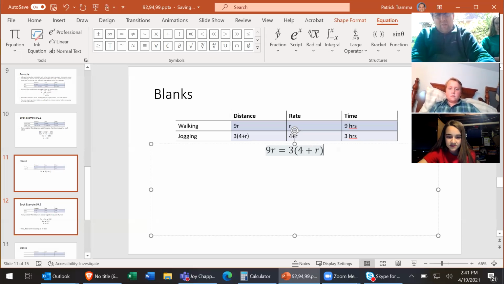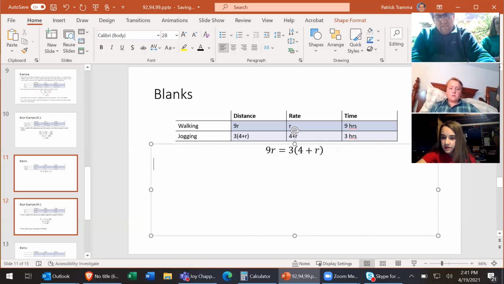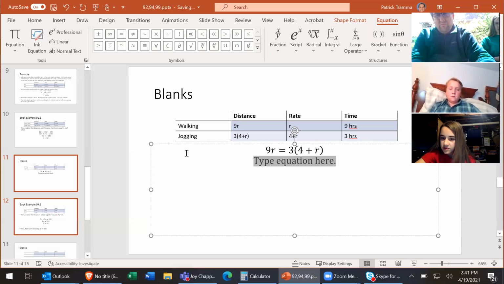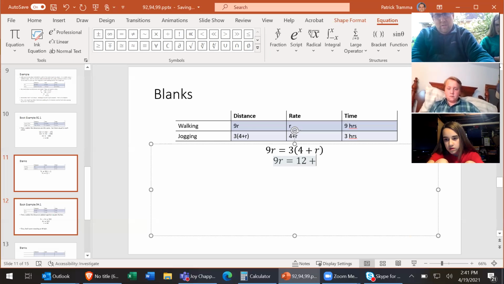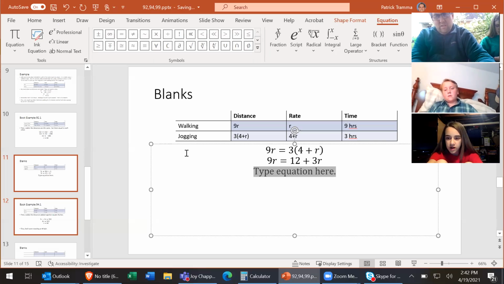Okay, so now how do you solve that equation? You have to just solve it. What would you do? It would be 9R equals 12 plus 3R. So then you have to subtract 12 from both sides. Now leave the 12 there. Get the 3R to the other side.